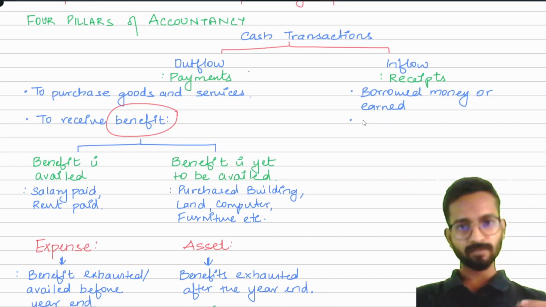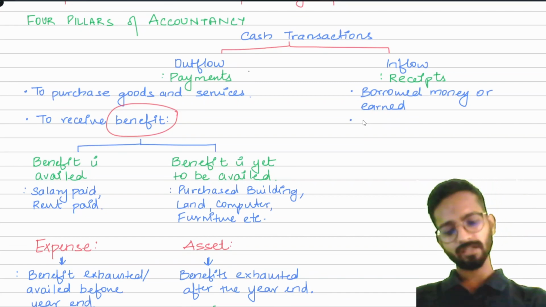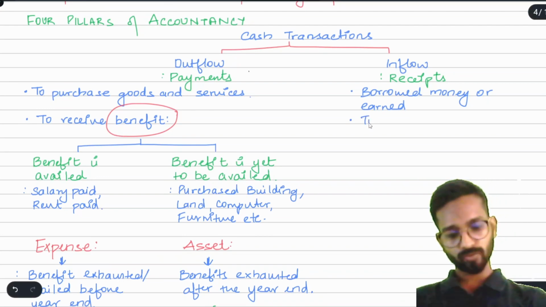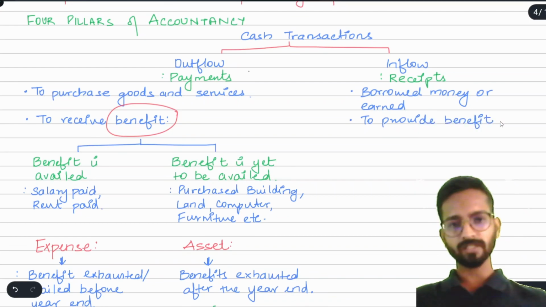I have to provide some goods and services. So we can say in outflow we receive the benefit, but when we are receiving the cash, we are supposed to provide some benefit. So I will write here: to provide benefit. You can think of it like this.